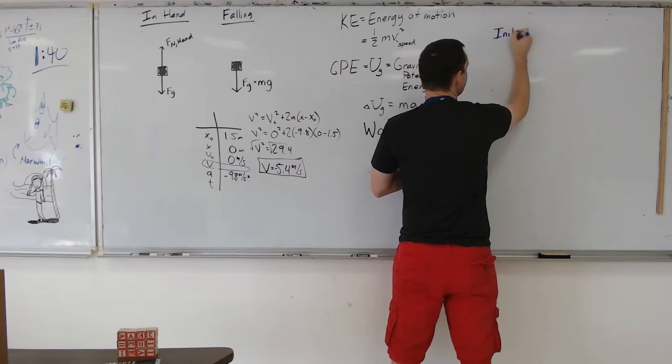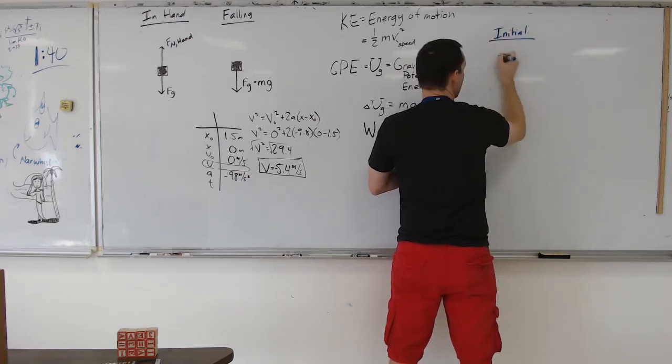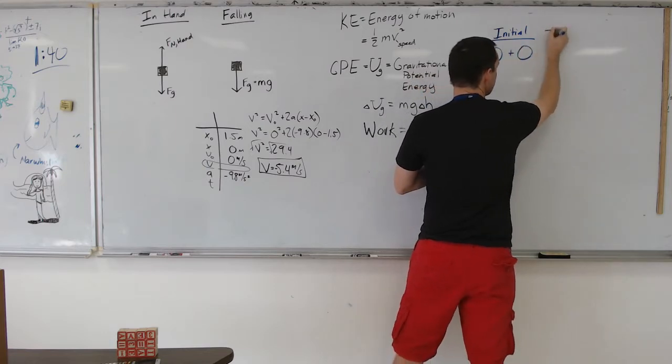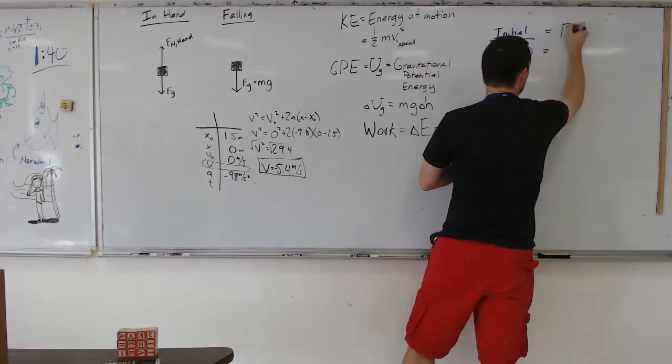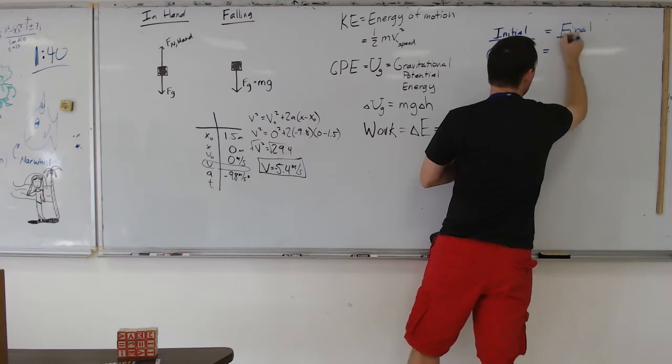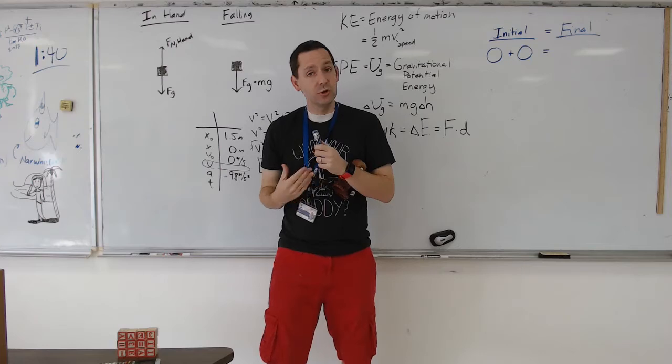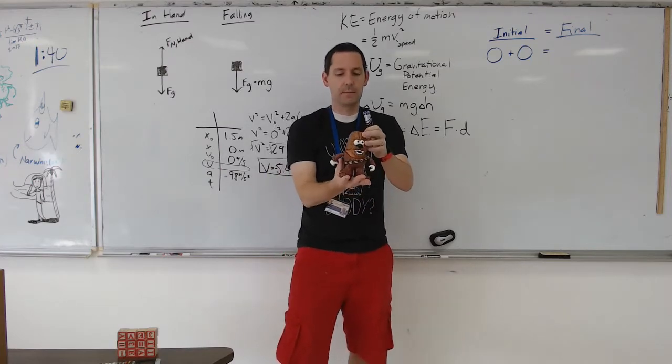Initial: he's got 0 kinetic and 0 gravitational. Now, that initial energy should be equal to the final energy.